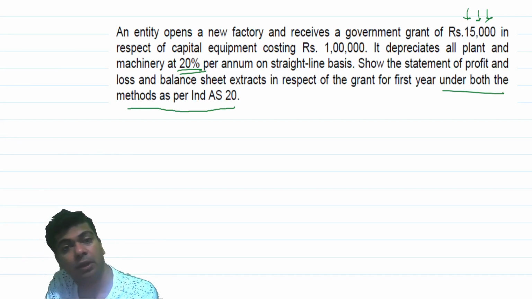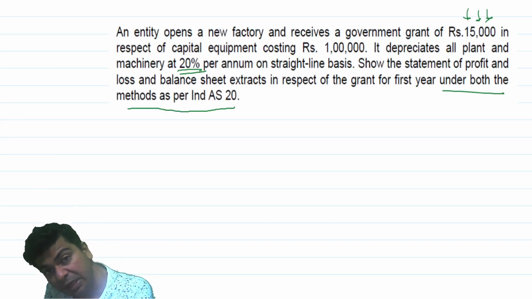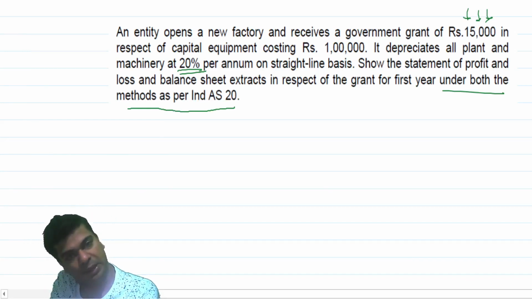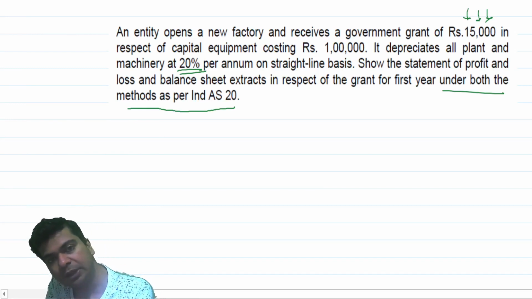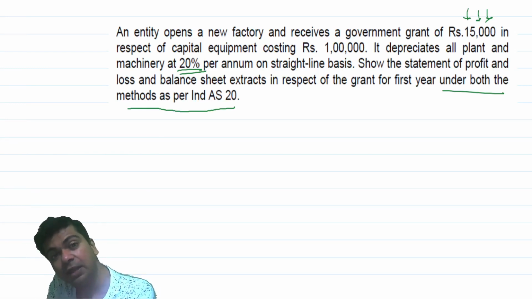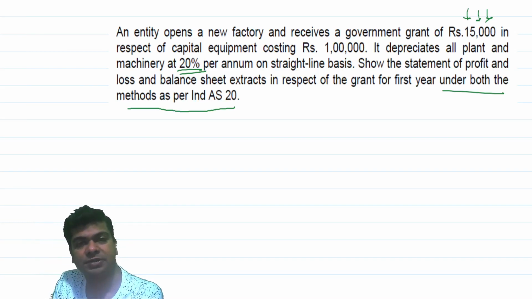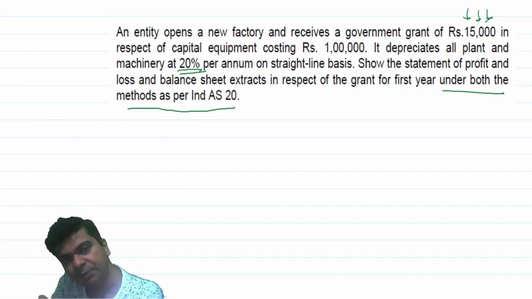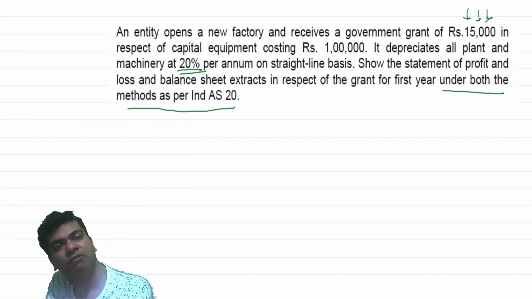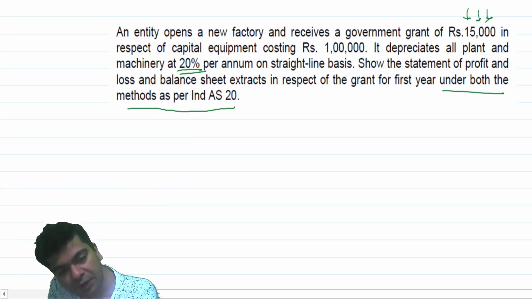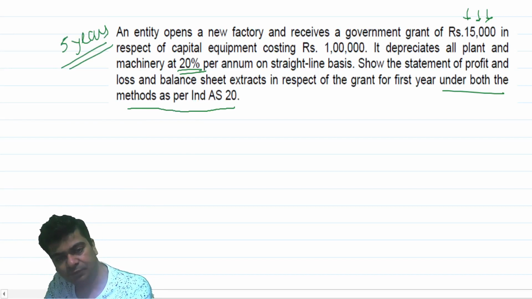Indirectly I come to the conclusion that the period over which the government grant is required to be recognized will be the useful life of the asset, and the useful life of the asset will turn out to be 5 years. Every year if you are writing off 20% through SLM, in 5 years 20 into 5, 100%. In 5 years 100% of the asset will be written off, and that's the reason I am suggesting that whatever treatment is to be given, that treatment is to be given over a period of 5 years.